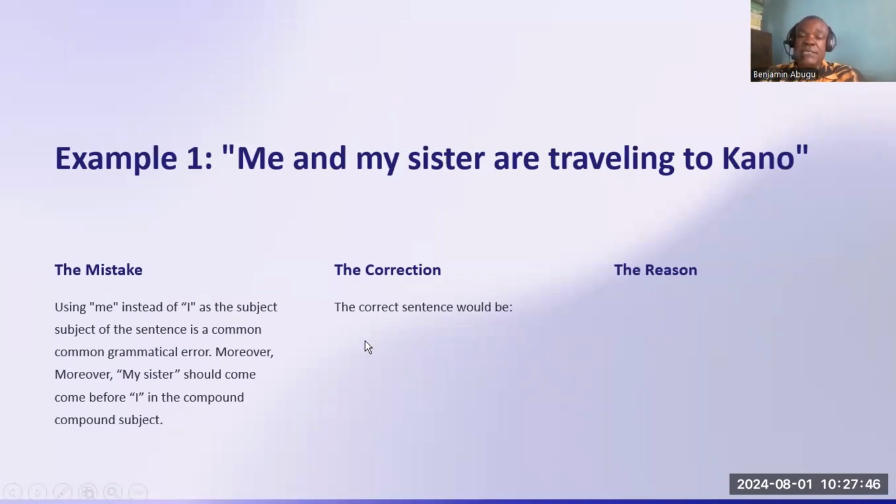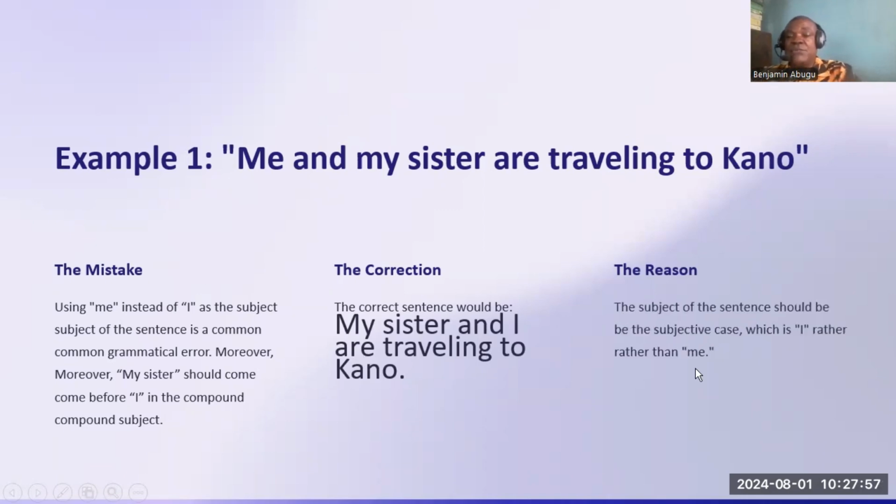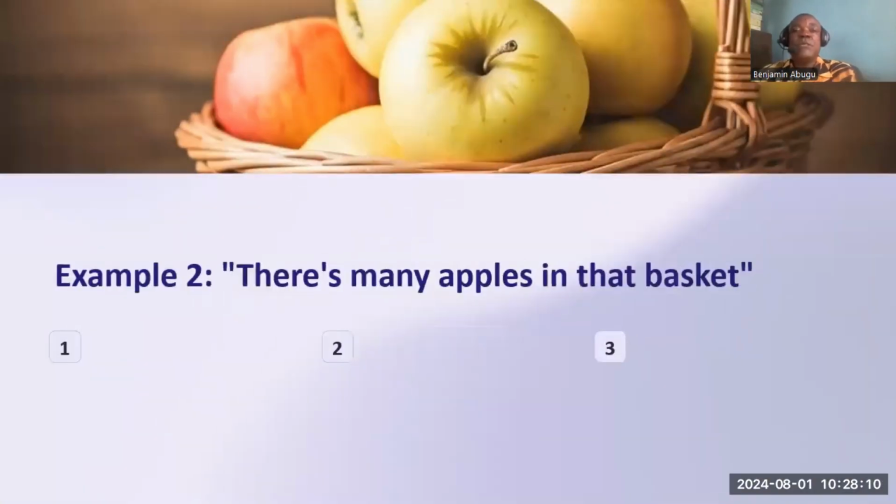The correct sentence would be, my sister and I are traveling to Kano. Okay, now let's look at the explanation. The subject of the sentence should be the subjective form of the pronoun, which is I, instead of me. That is really the explanation.